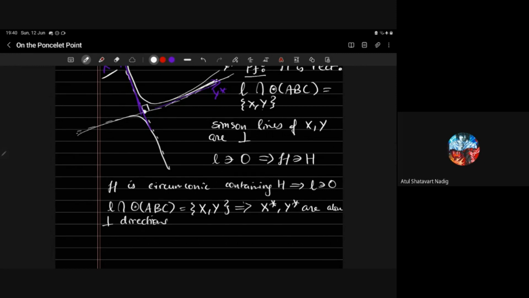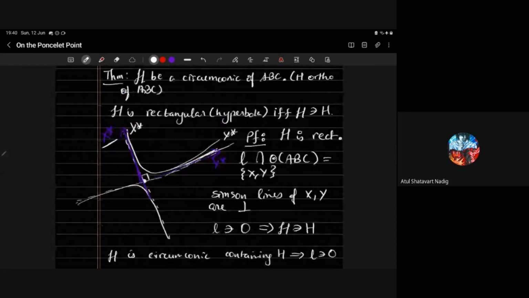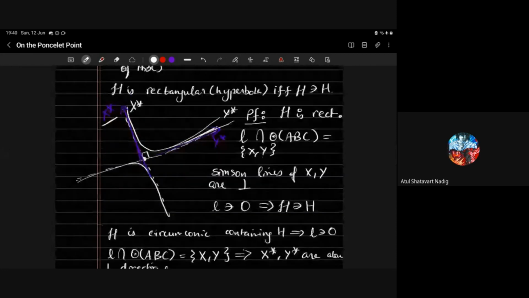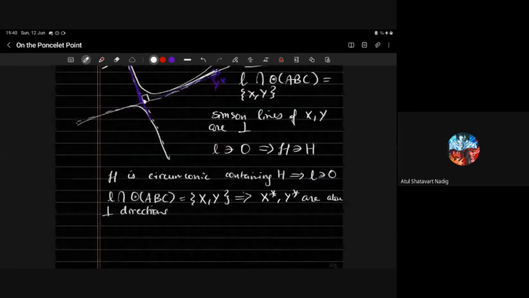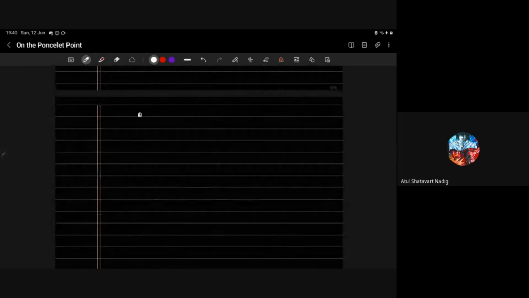Now, since L is intersecting the circumcircle at 2 points, the circumconic is a hyperbola, and these 2 points will correspond to the directions of the asymptotes. So the asymptotes are perpendicular, which means the hyperbola is rectangular. So what this says is just that a hyperbola is rectangular if and only if it contains the orthocenter of ABC.